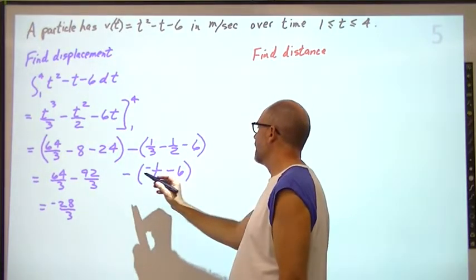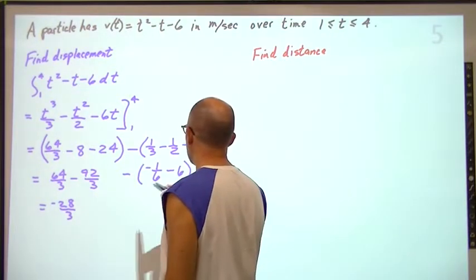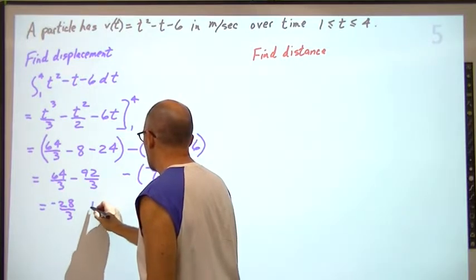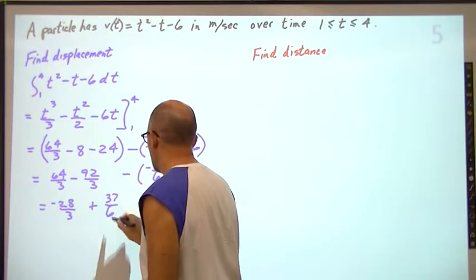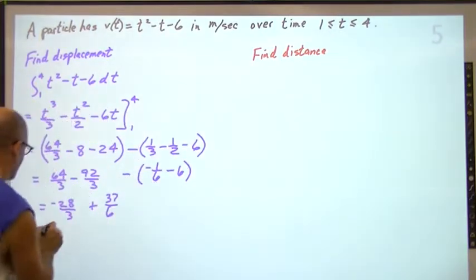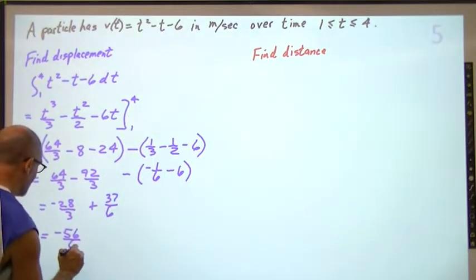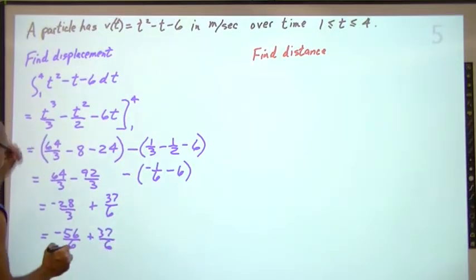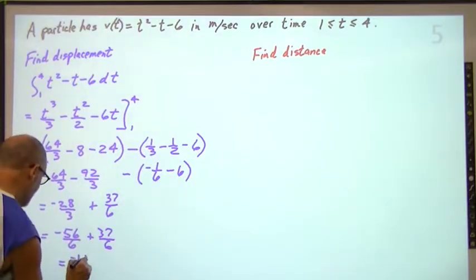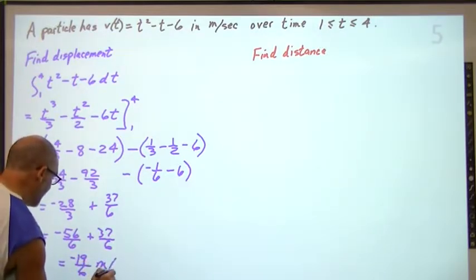So this is going to be plus 6 1/6, which would be 37/6. So this equals -56/6 plus 37/6, which equals 19.6 meters per second.